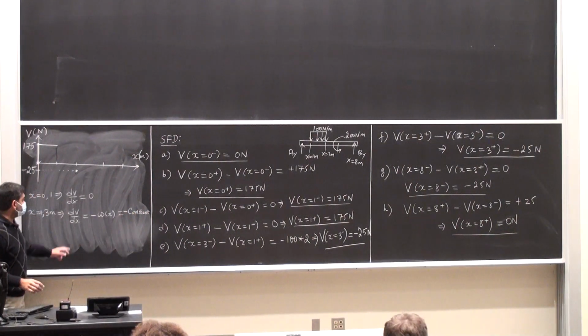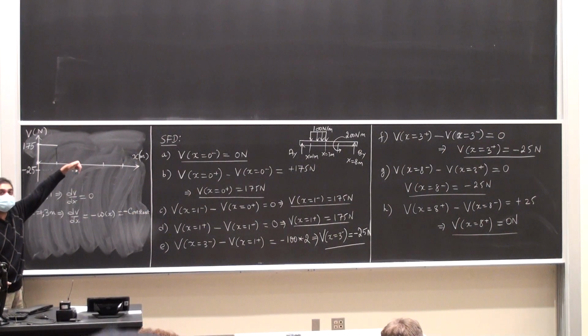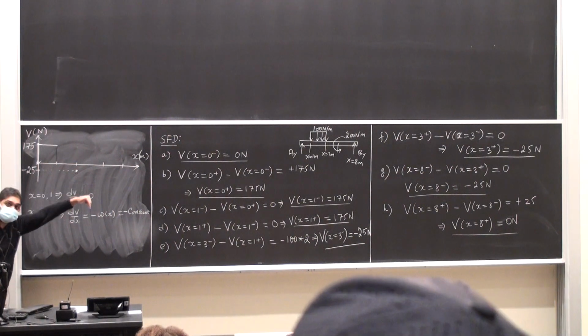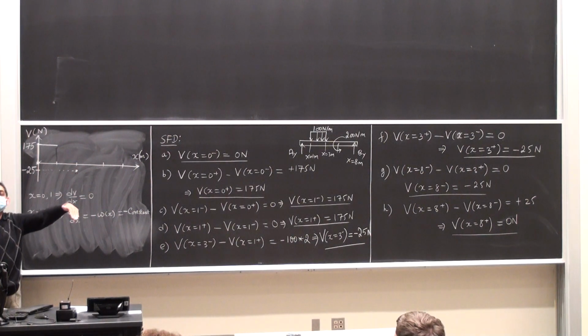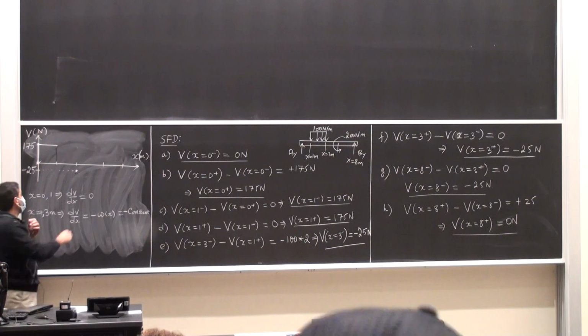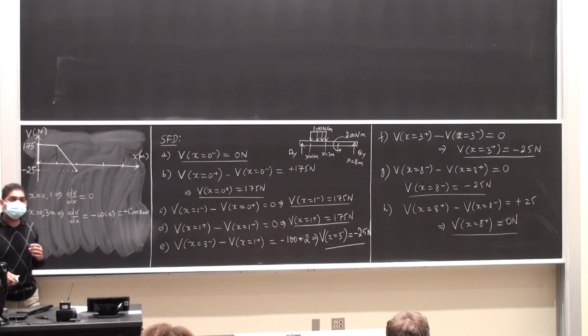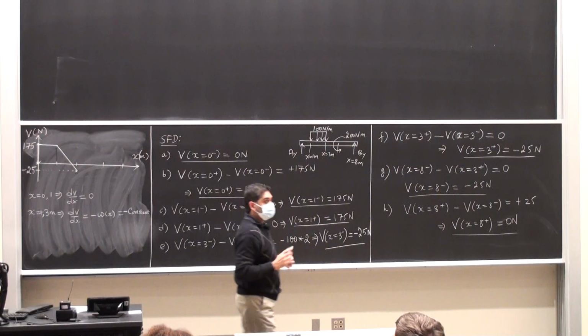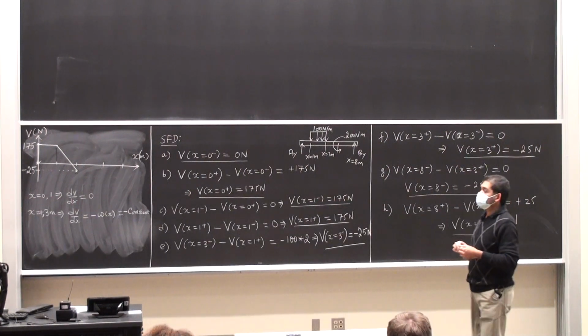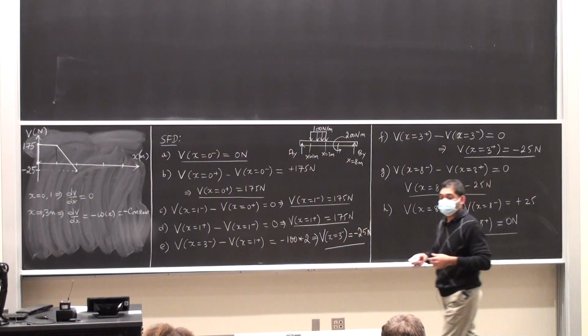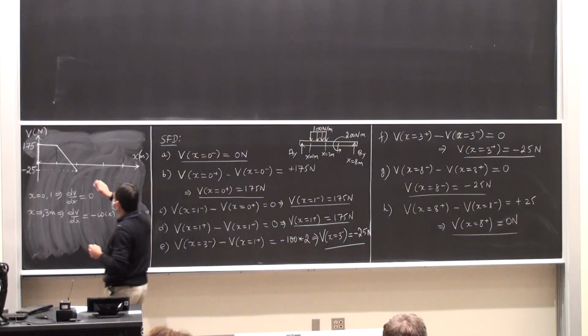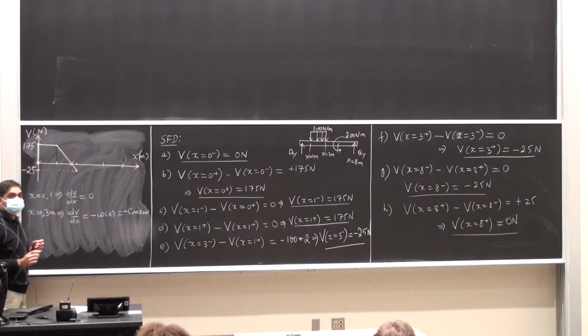But don't forget the negative sign. The negative sign is because it is pointing downwards. So it is a constant negative slope from 1 to 3 meters. Does this make sense to everybody? It's a constant negative slope. Okay? Which means that I'm actually crossing the zero axis or x-axis at a certain point.